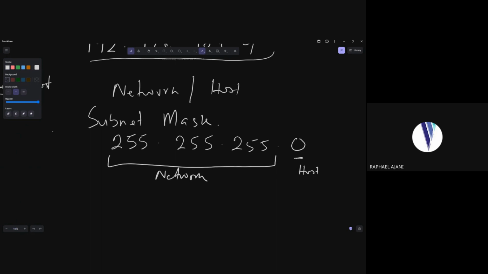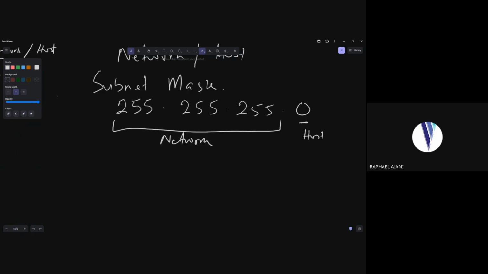To break it down a bit further, remember that if you convert this octet to binary, 255 is actually 11111111, eight ones.